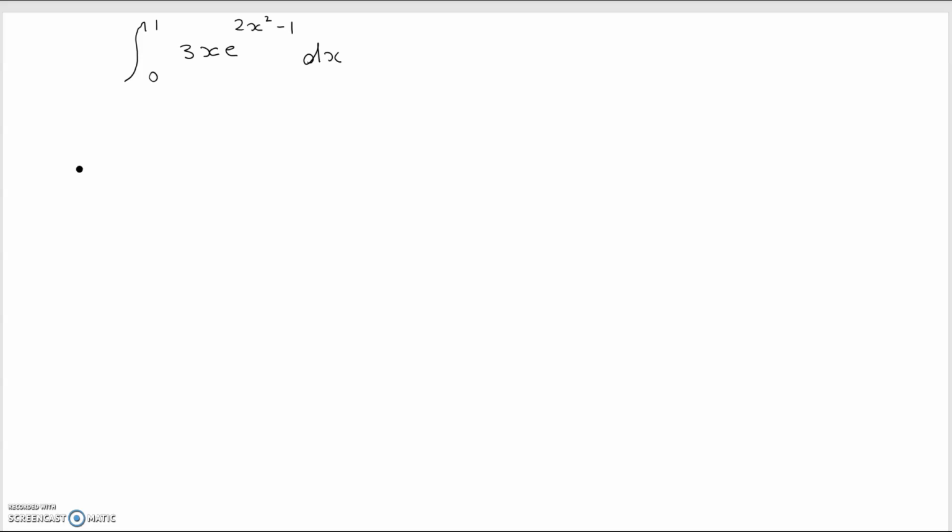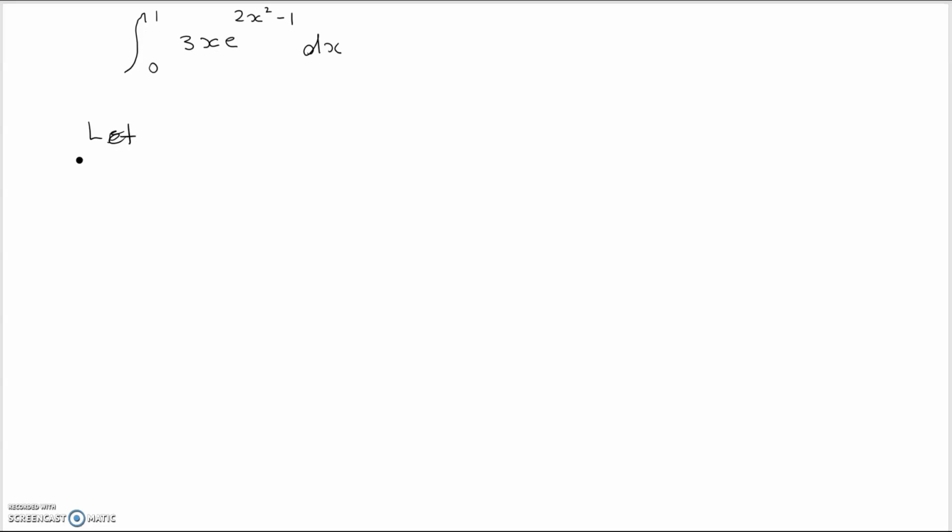The next one, if you look carefully, it is a product, but it's the sort of product where actually there's a term that's related to the derivative of one of the other terms, so it's a substitution question. We need to find dx.